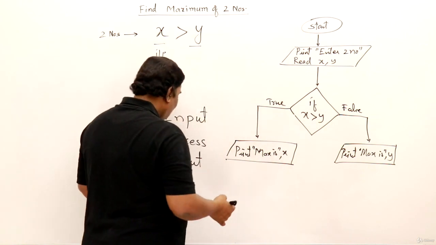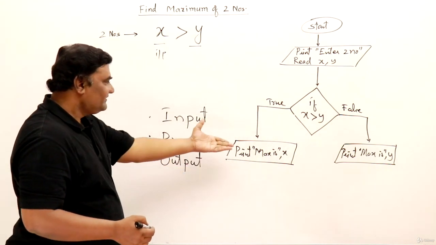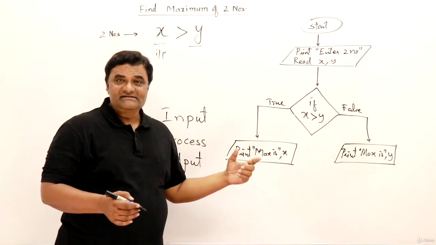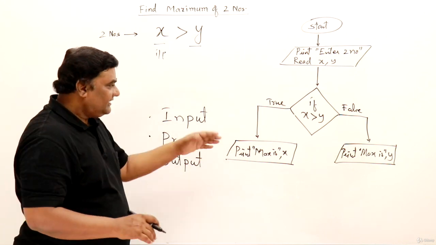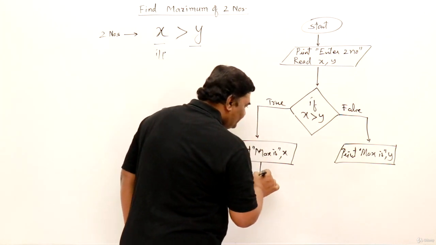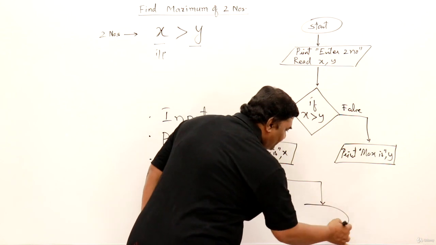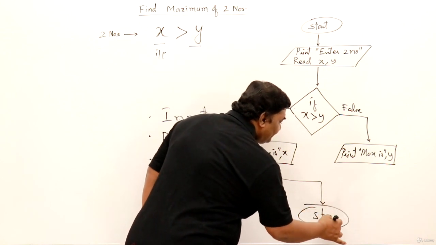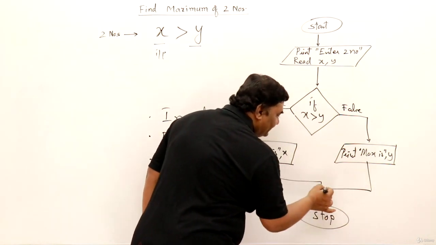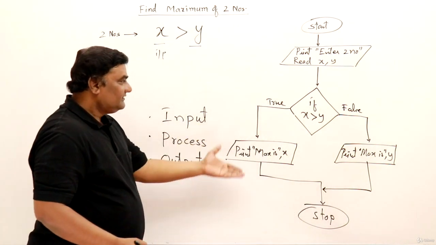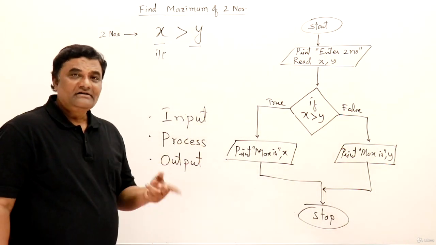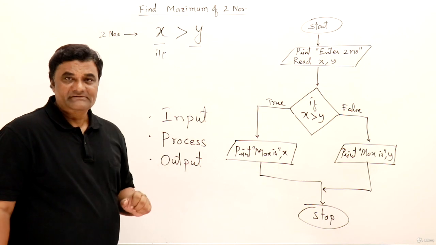Then after this, output is over, this itself is output. In this example there is no processing, right? Then end of the flow chart, so it will go and stop. From that side also it will come and join this one. This is a flow chart for finding greatest or maximum of two numbers.